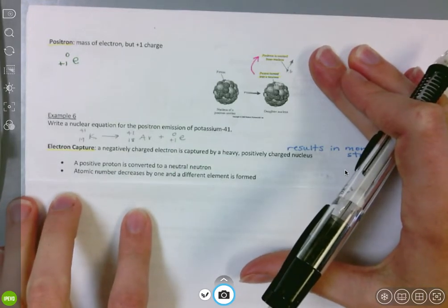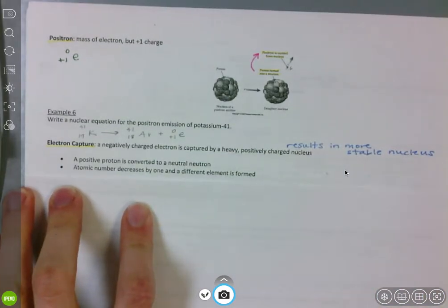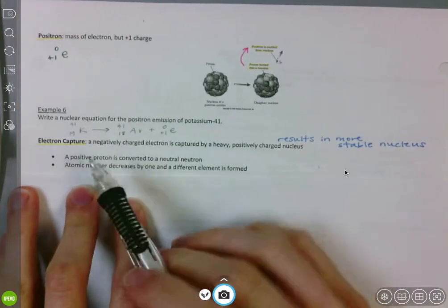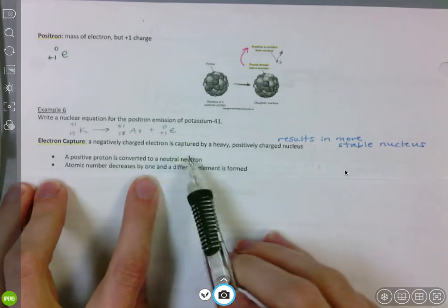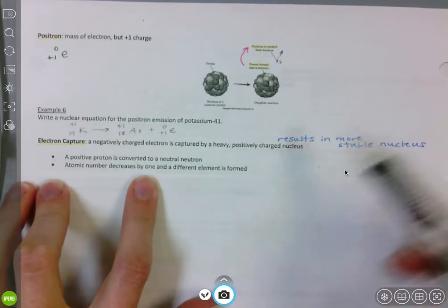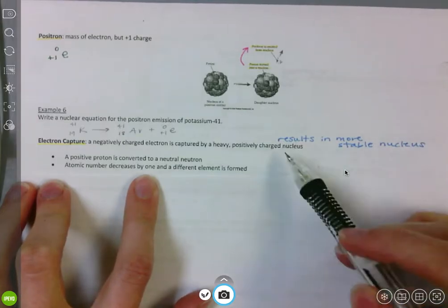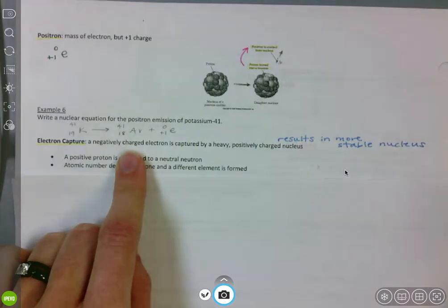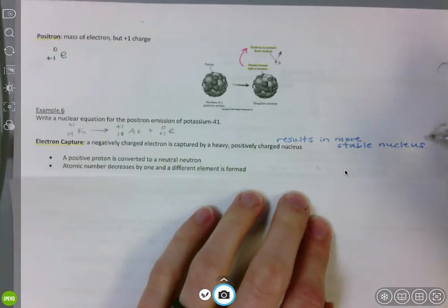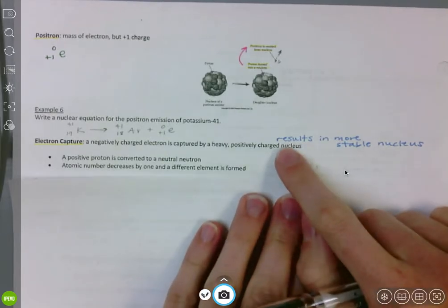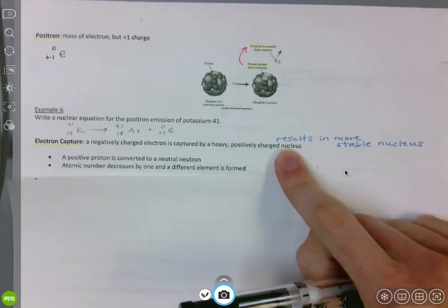All right. Our next type of radioactivity that we're going to look at is electron capture. In this, a negatively charged electron is captured by a heavy, positively charged nucleus. So that positively charged nucleus is going to be attracted to these negatively charged electrons, obviously. And this is just going to result in a more stable nucleus for that already unstable nucleus.